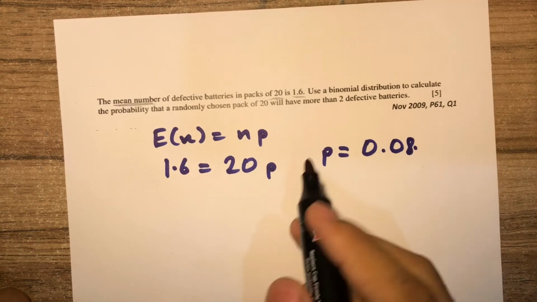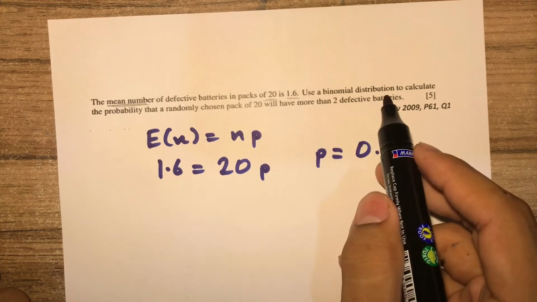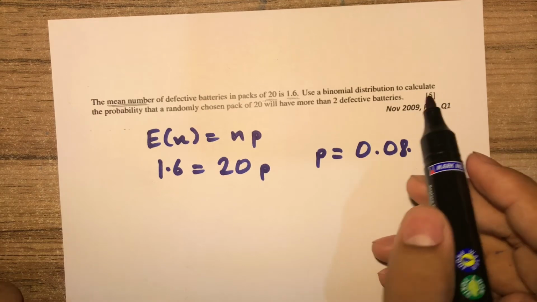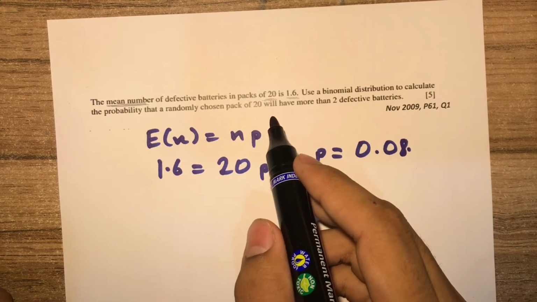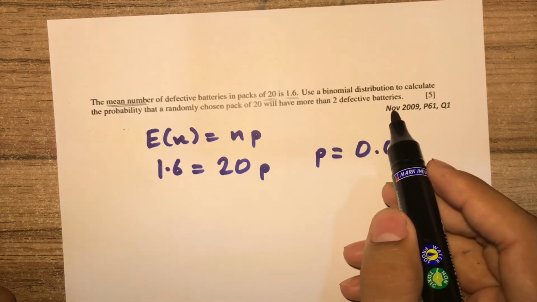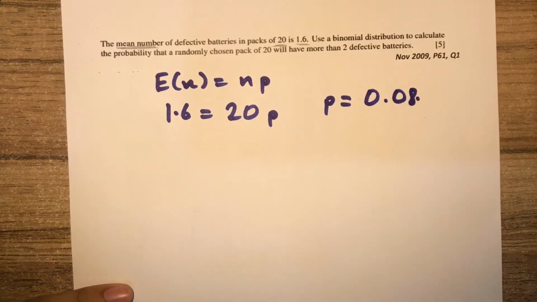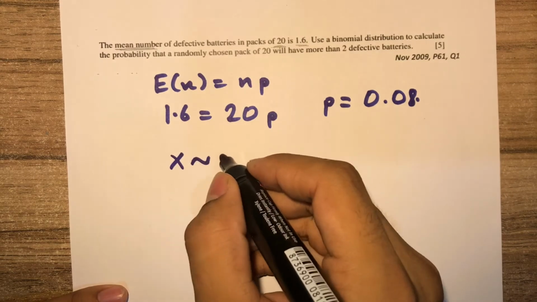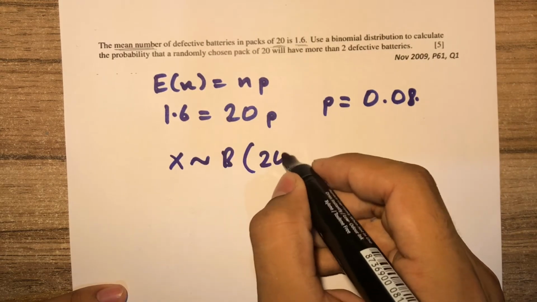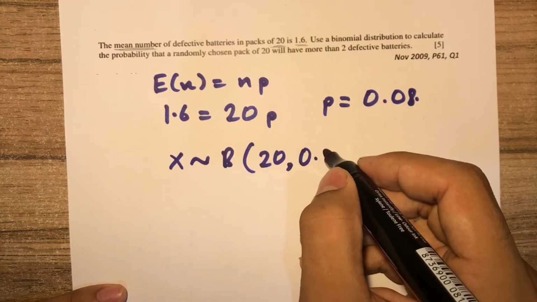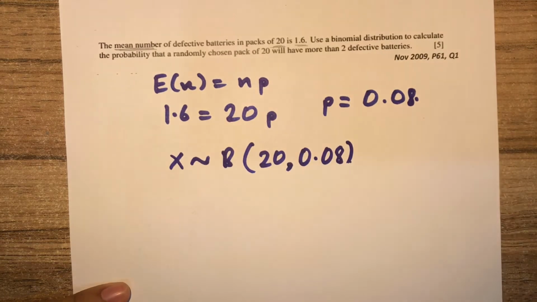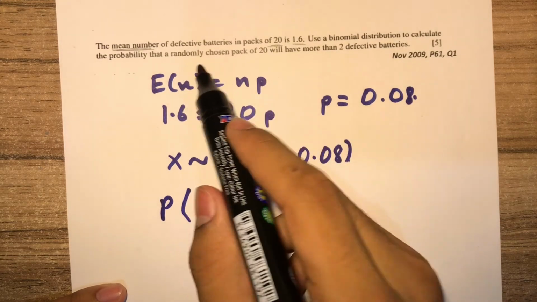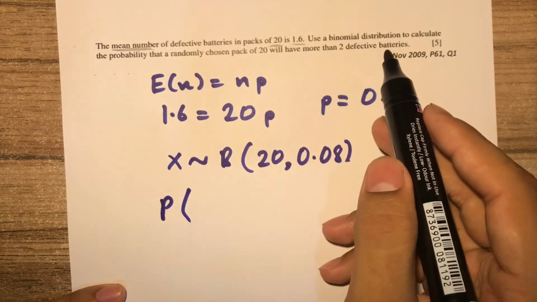Right? Now they're saying to use a binomial distribution. They've said it over here, so you don't have to find it out. To calculate the probability that a randomly chosen pack of 20 will have more than 2 defective batteries. So there are a total of 20. Basically X follows binomial, total trials are 20, and success probability is 0.08. Now we have to find the probability of more than 2 defective batteries.